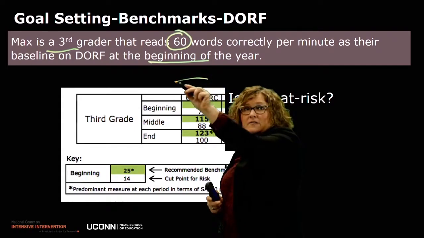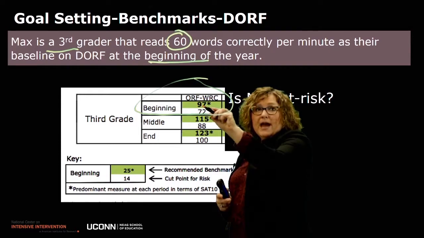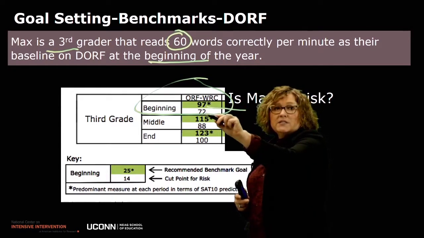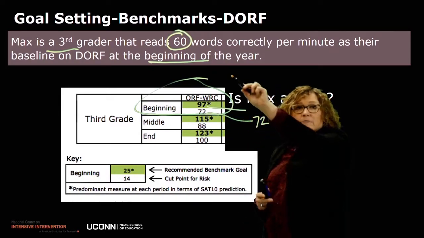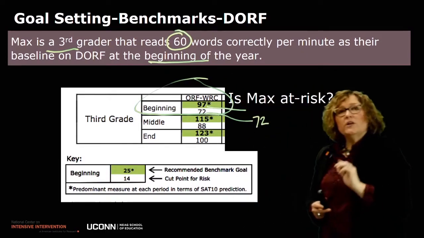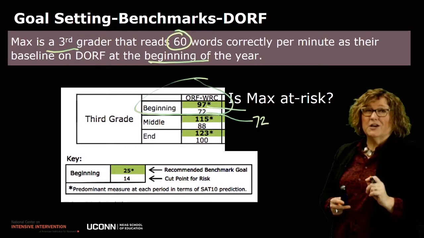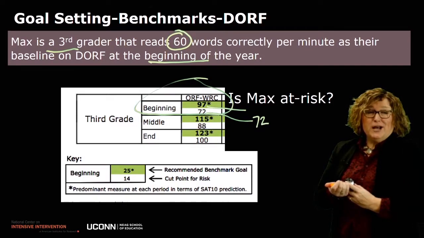At the beginning of the year, let's see where Max should be. Typical students, 97. The cut point for risk, 72. Okay, Max is at 60. So what do you think? Right now, if a cut point for risk is 72 at the beginning of the year, Max is at 60. Is Max at risk or not?